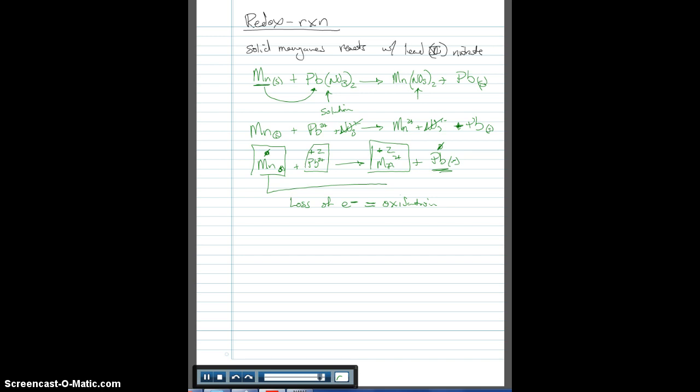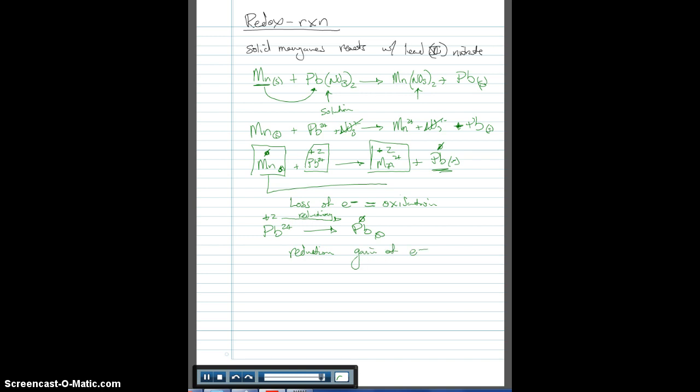Over here on the lead, we have Pb. I'm going to rewrite it down here as a half reaction, Pb2+ going to Pb solid, a +2 charge going to a 0 charge. The way I remember it is we're reducing the oxidation number. We're going from a positive charge down to 0, so we're reducing that charge, and so this is going to be reduction, which is gain of electrons.